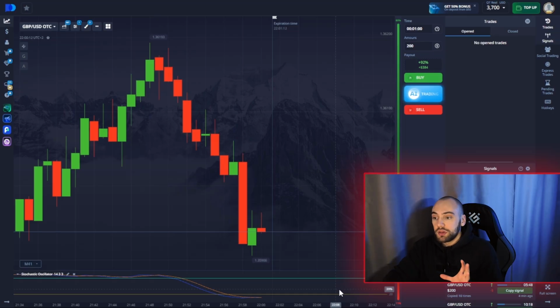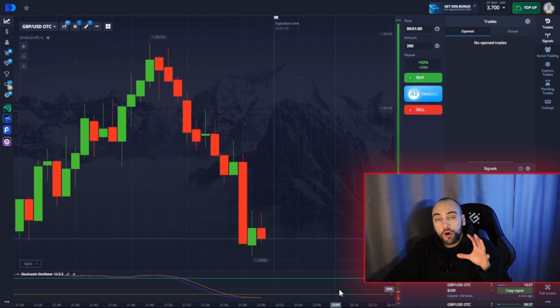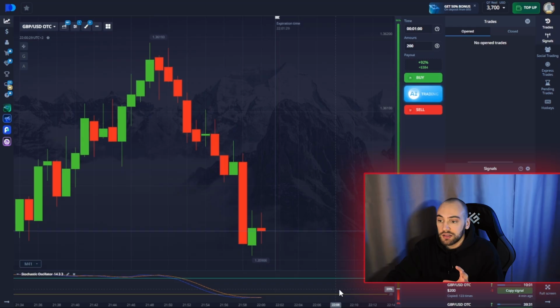The biggest mistake beginners make is to buy only because the indicator is below 20 and sell only because it's above 80. The market can stay in the overbought or oversold zones for a long time and continue trending. So that's why we use the stochastic only with tech analysis to see the overall picture.